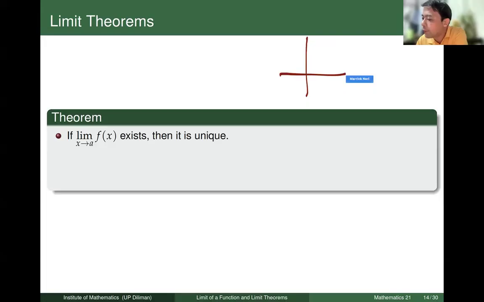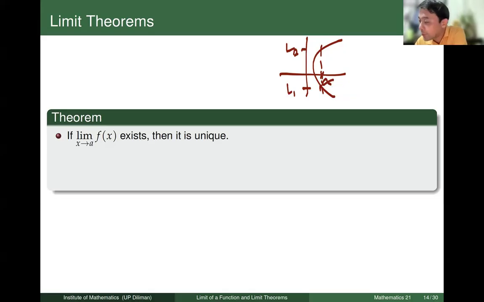Let's say you have this graph and your x is approaching this value. And then you may say that it is approaching this limit and that limit, L1, L2. So as x approaches a, then your function is approaching L1 and L2.